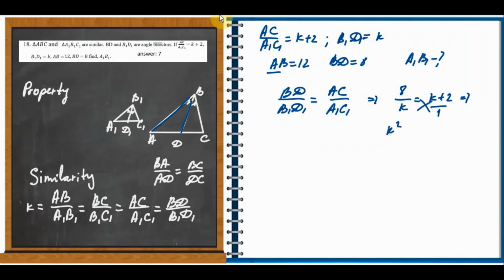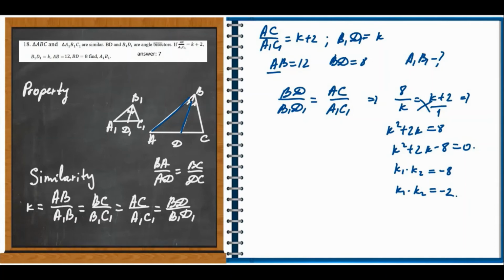K squared plus 2K equals 8. K squared plus 2K minus 8 is equal to 0. Now, with the help of Vieta's rule, we can write K1 multiplied by K2 is equal to negative 8, and K1 plus K2 is equal to negative 2. We know that K1 is a solution and K2 is also a solution.